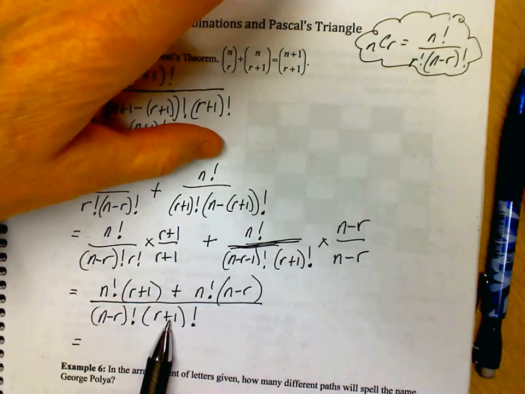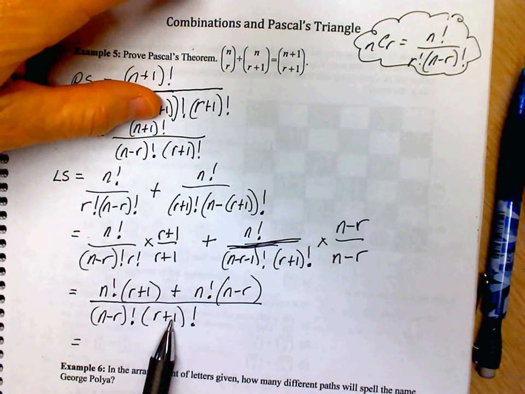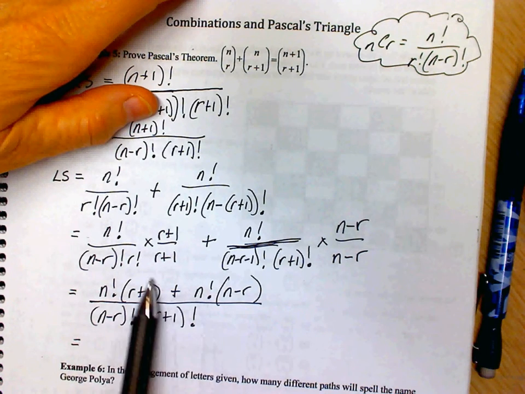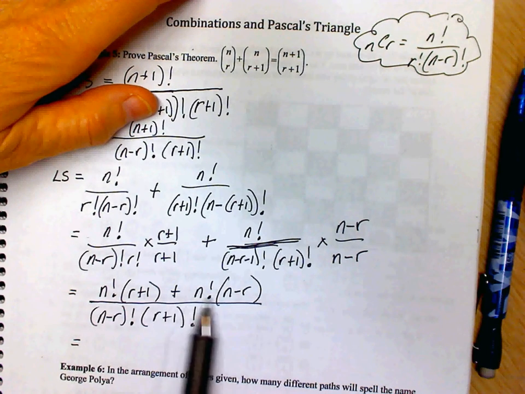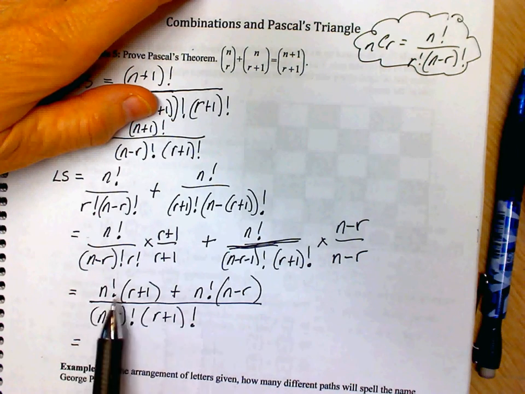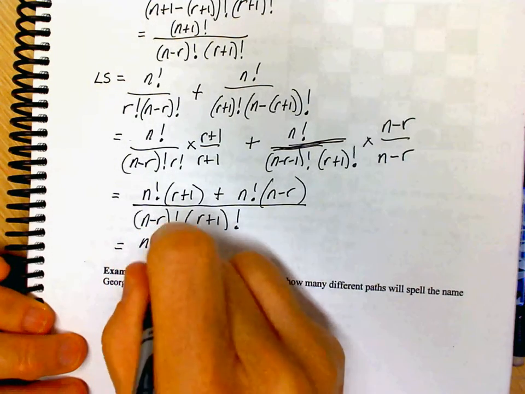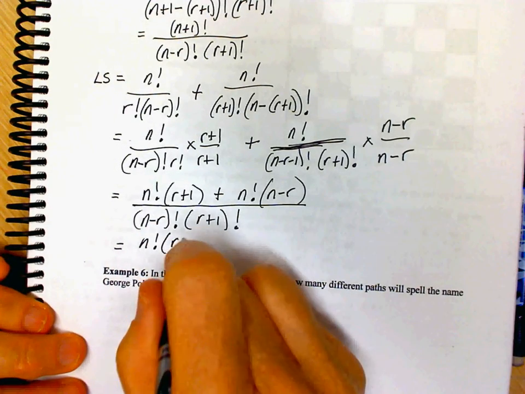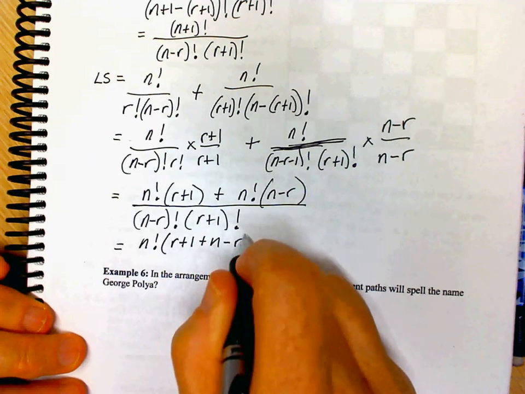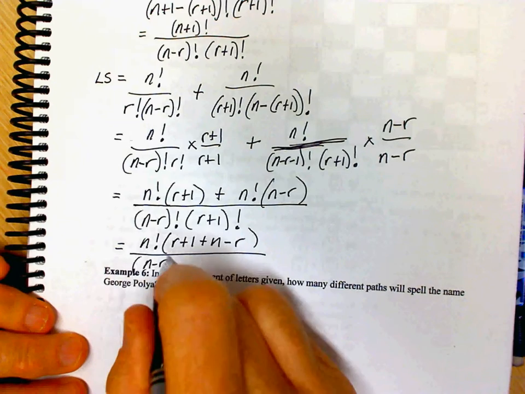I just have to worry about the top part now. So I'm going to factor out the n factorial. I have two rather large terms here, and n factorial is a common factor to both. So I'm left with r plus 1 plus n minus r, all over n minus r factorial times r plus 1 factorial.